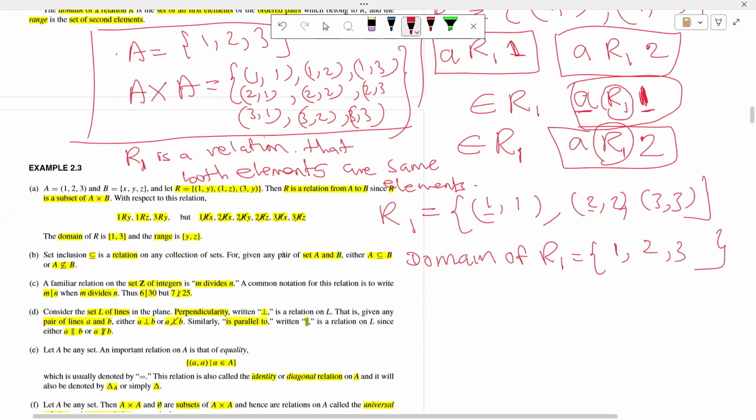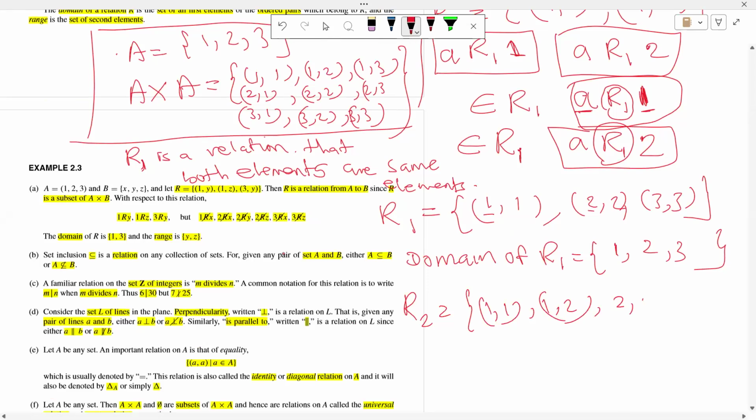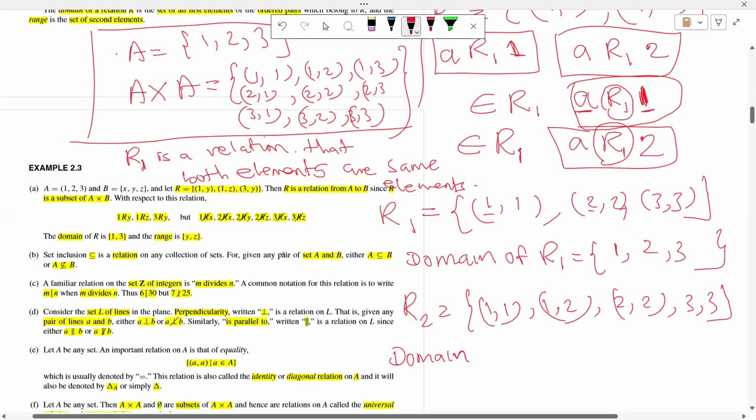Now another relation, R2, has (1, 1), (1, 2), (2, 2), (3, 3). If I ask you the domain of relation R2, can you tell me? Domain means the first element of the ordered pairs.